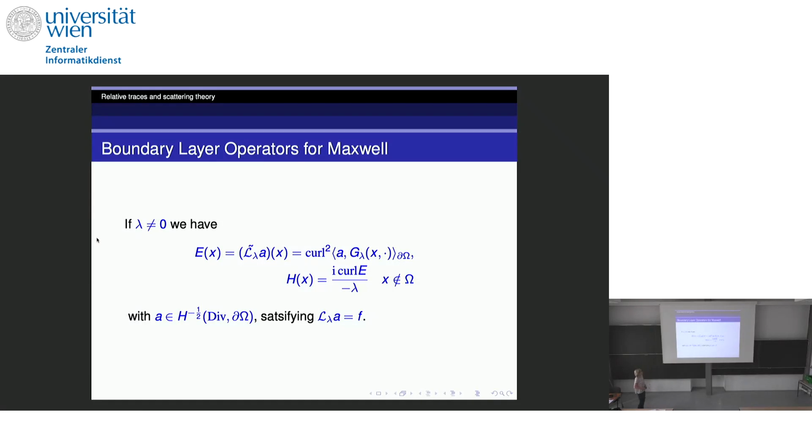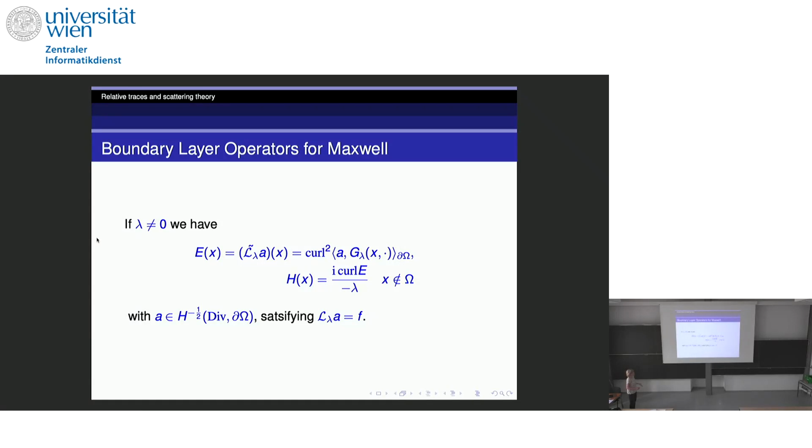So if we want to start defining boundary layer operators for Maxwell's equations, we start in this way, right? We start the same way that we wanted to start for the Helmholtz equation, except to make it a divergence-free vector field.